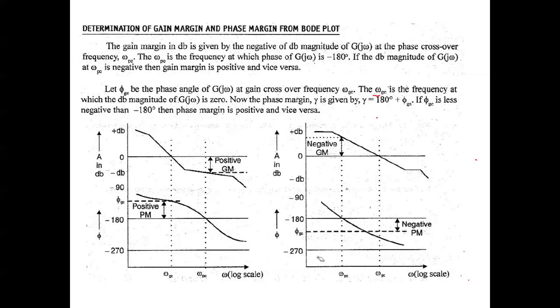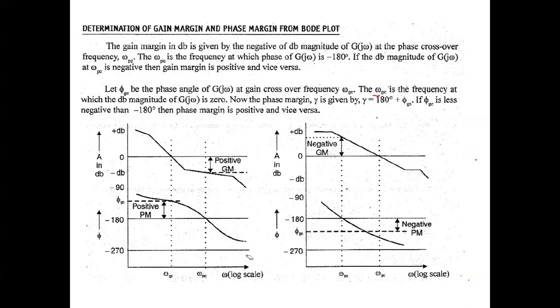We are not getting a positive or negative value. The values have become zero, so we say the system is marginally stable. The condition is omega GC equal to omega PC.